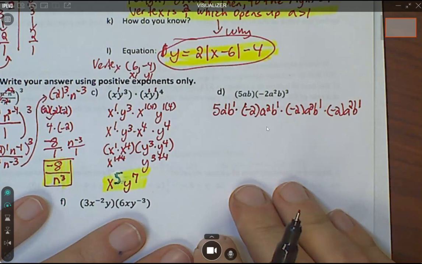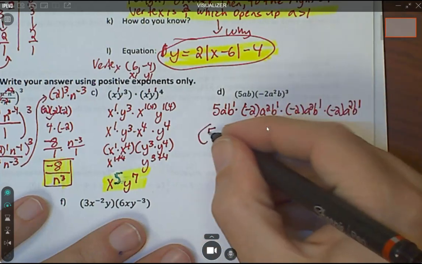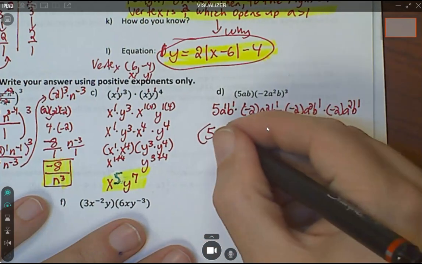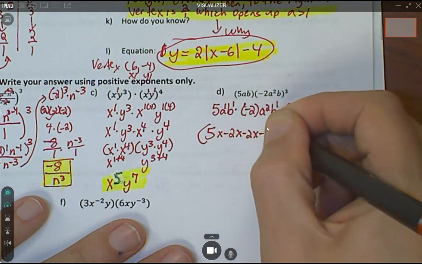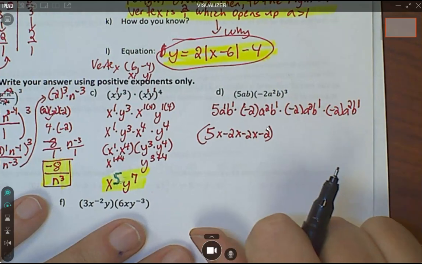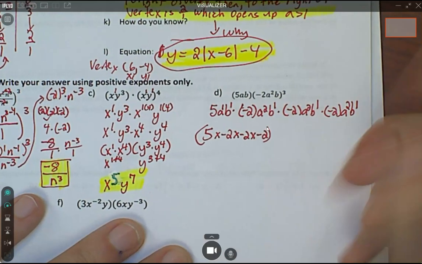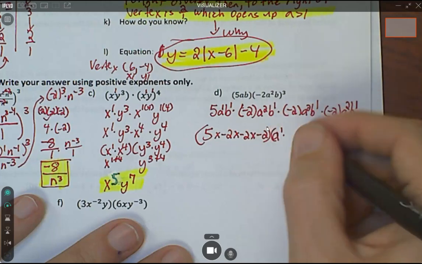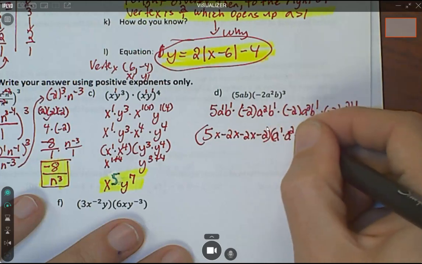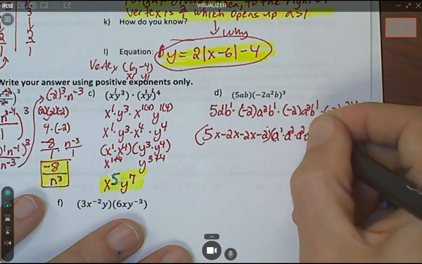Alright, so now 5 times negative 2 times negative 2 times negative 2. Now we've got a to the first times a squared times a squared times a squared.